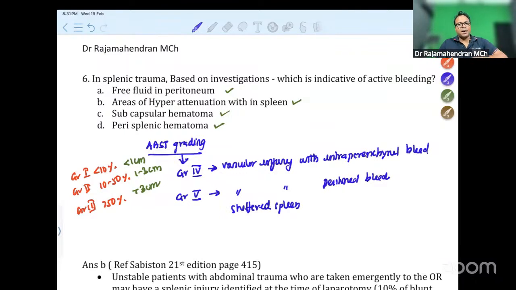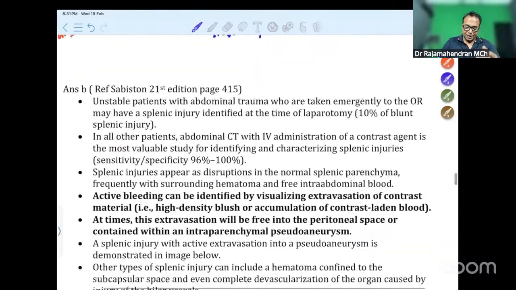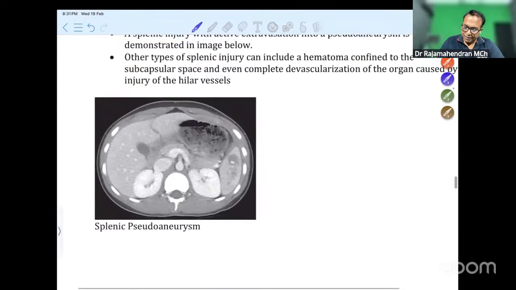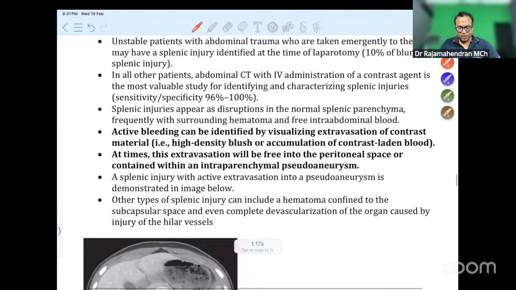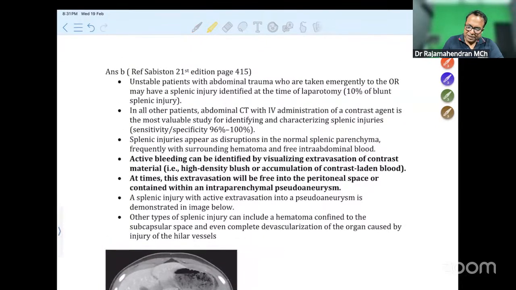So now the question is, they are asking what is indicative of active bleed. If it is inside the parenchyma, you get an appearance like this. If there is a bleeding actively going on into this, you can see an aneurysm like appearance in the spleen. So if it is extravasating, you see the contrast coming out, extravasation. So in all patients, abdominal CT with IV contrast is most valuable study.